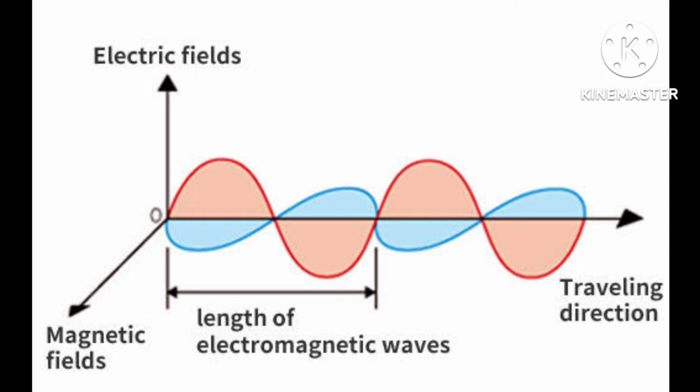Now second, you think that from up, one wave is coming down through that line. Again it is going up, again going down, again up, again down, and again it is meeting that line towards west direction. That is the second thing you have to consider.